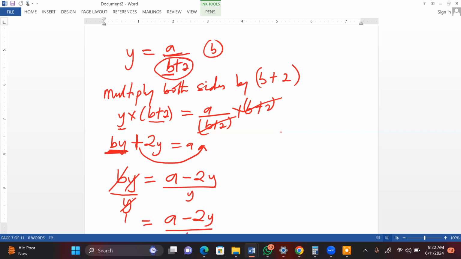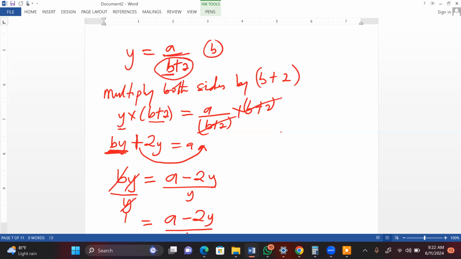To remove the denominator is to multiply both sides of the equation by the denominator, and the denominator in this question is B plus 2. So that is why we say multiply both sides by B plus 2.